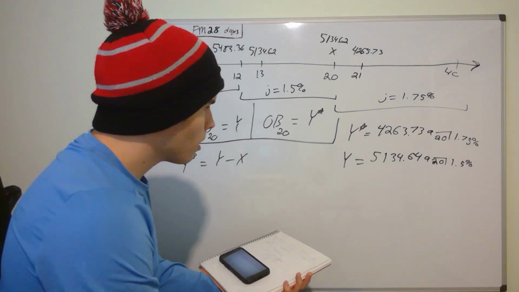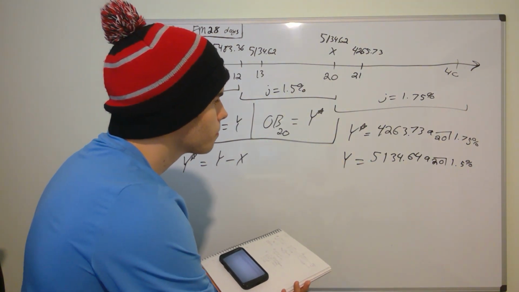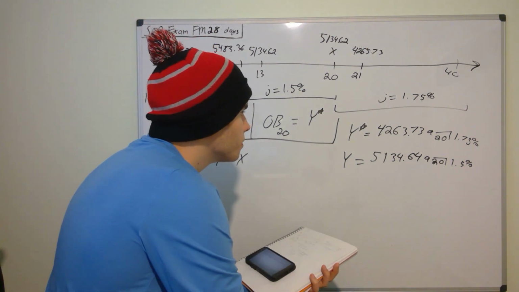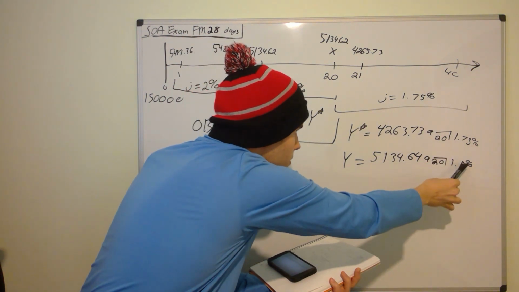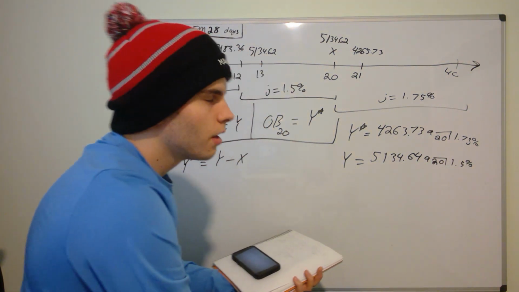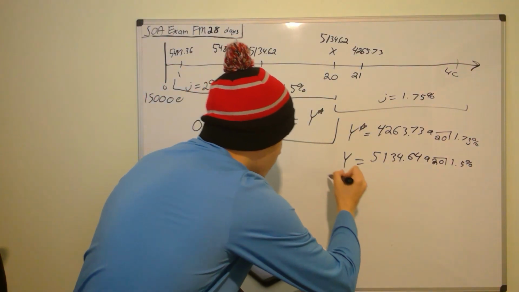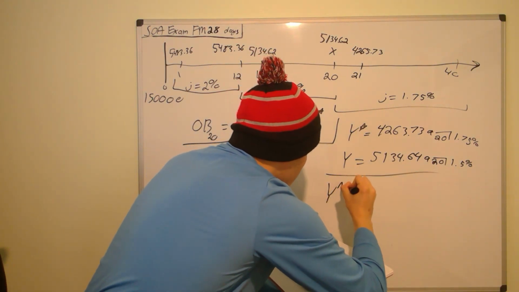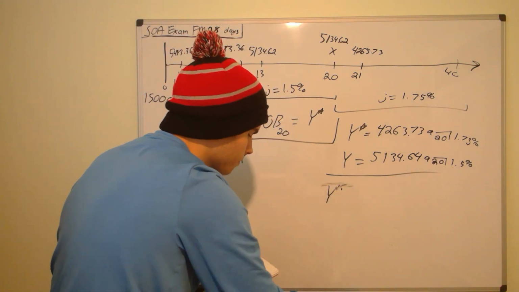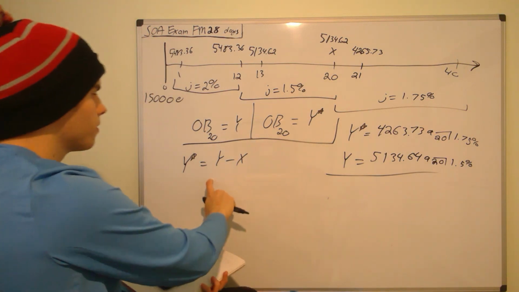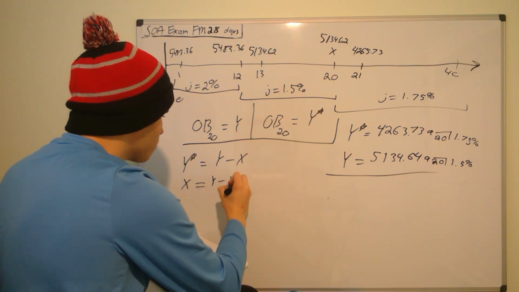With that, now we can use our BA II calculator: payment, N is 20, interest rate, future value 0, and then compute. To save some time, I have some written down in my notes already. We're trying to find X, so you can rearrange this to X equals Y minus Y prime.